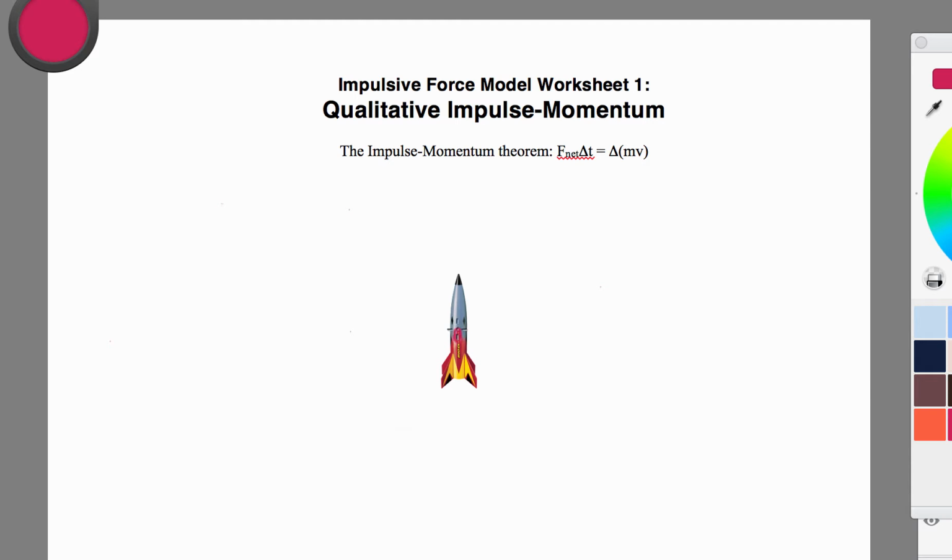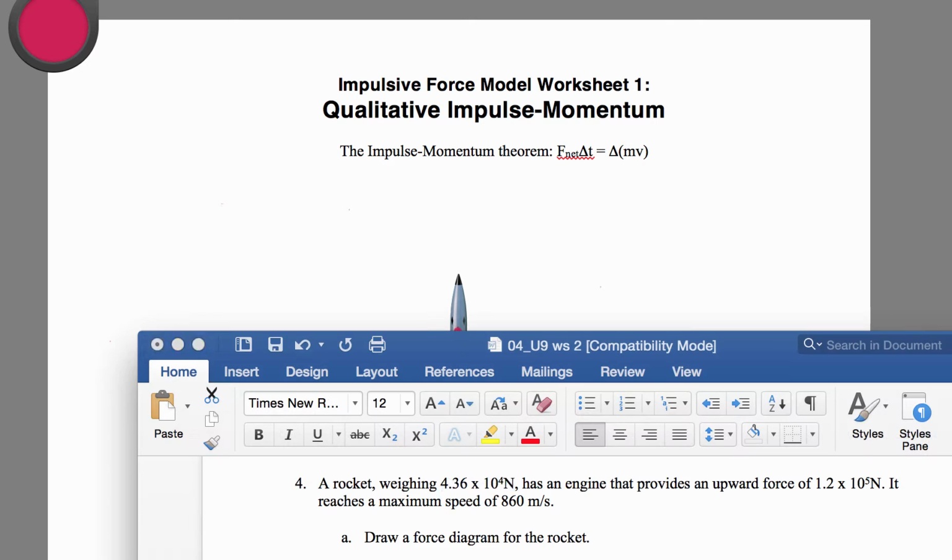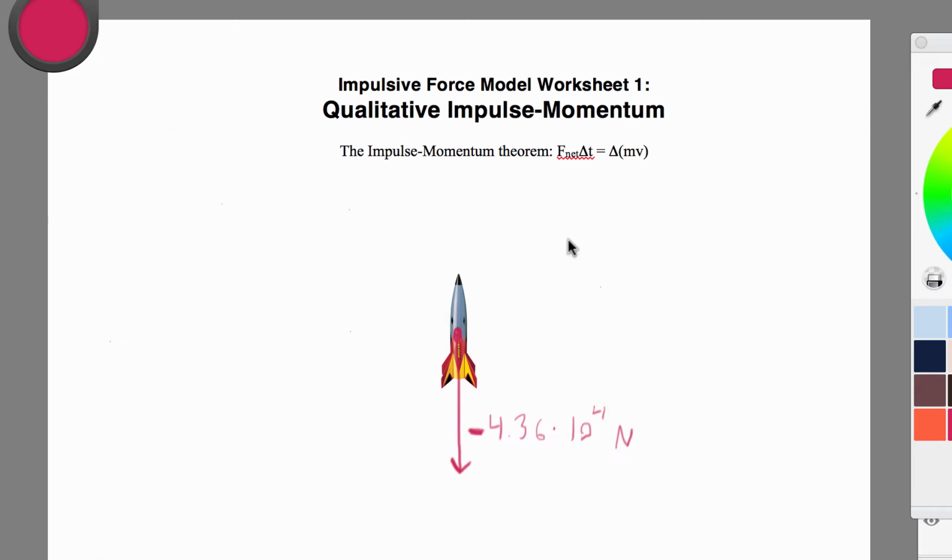We basically draw a dot and an arrow down, 4.36 times 10 to the 4th newtons. And that's going to be negative because negative is down. Alright, what else would you know about this rocket? It has an engine that provides an upward force of 1.2 times 10 to the 5th. I'll draw that in a different color.